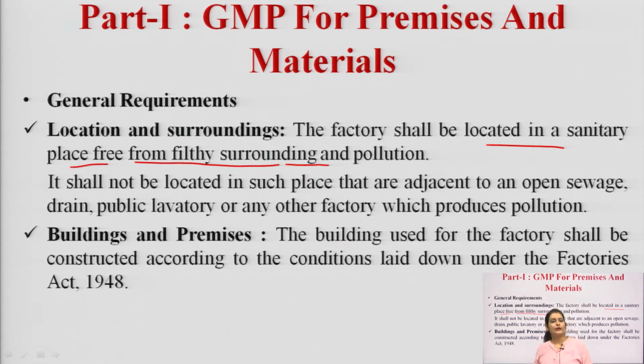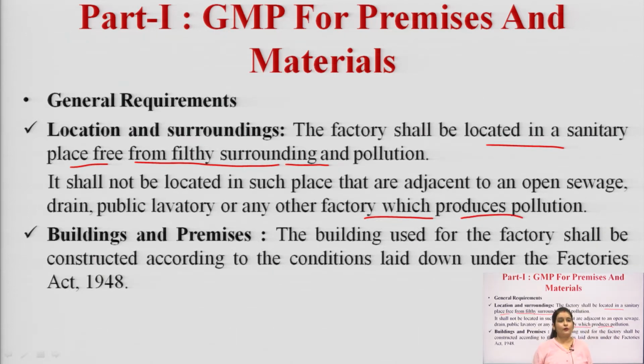It shall be located where there is no open sewage, no drainage system, or other factories which produce pollution. So, the location which we choose for setting up the pharmaceutical industry should be free from sewage, drainage and other factories which produce pollution.